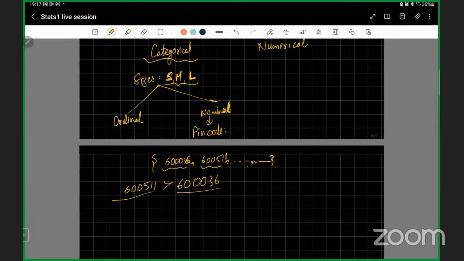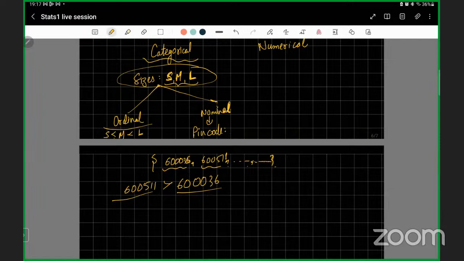If you look at this categorical variable sizes here, in a way the order matters. I can say here that small is lesser than medium, and medium is lesser than large. It matters, right? The sizes, this order, will matter.